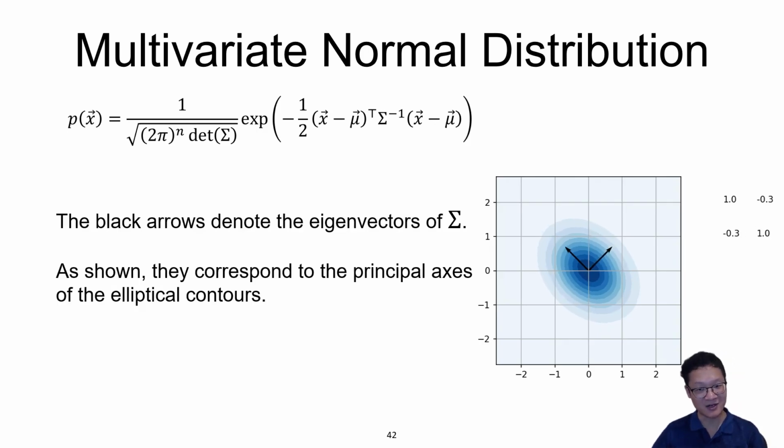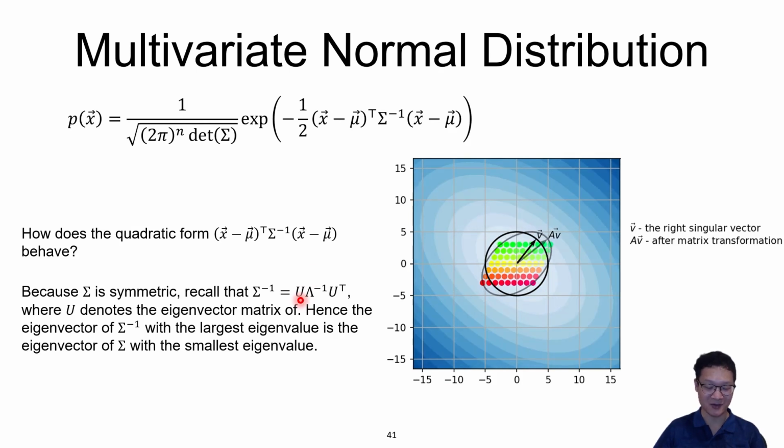But now we can finally combine all of them into figuring out what the normal distribution looks like. Here we have a top-down view of a normal distribution, so the contours of the PDF. The black arrows denote the eigenvectors of sigma. And these will be orthogonal to each other because we know that U is an orthogonal matrix, so all the vectors inside U are orthogonal.